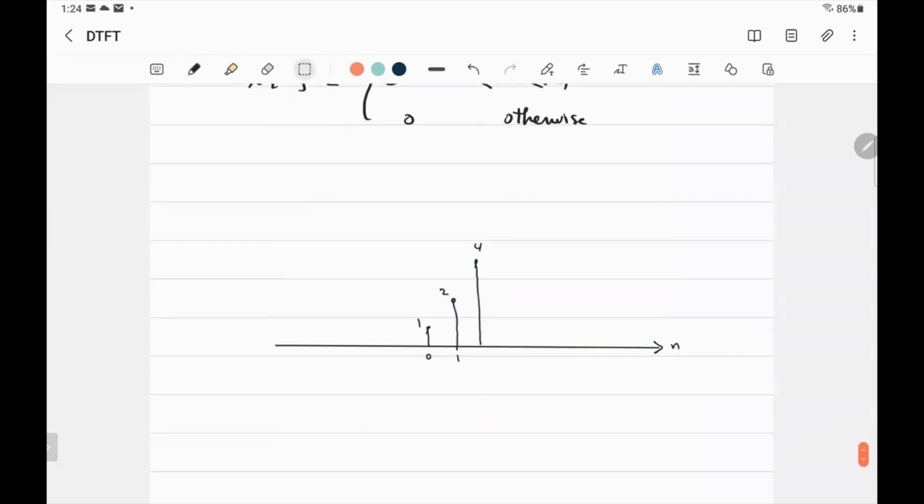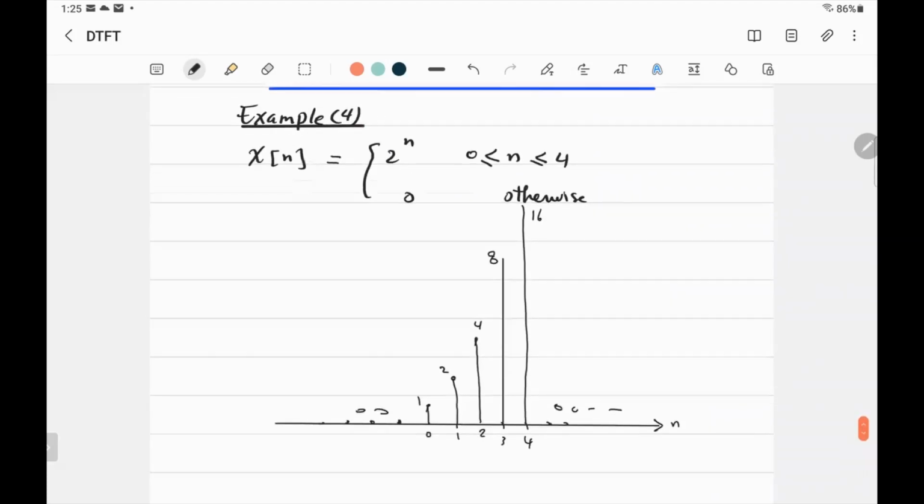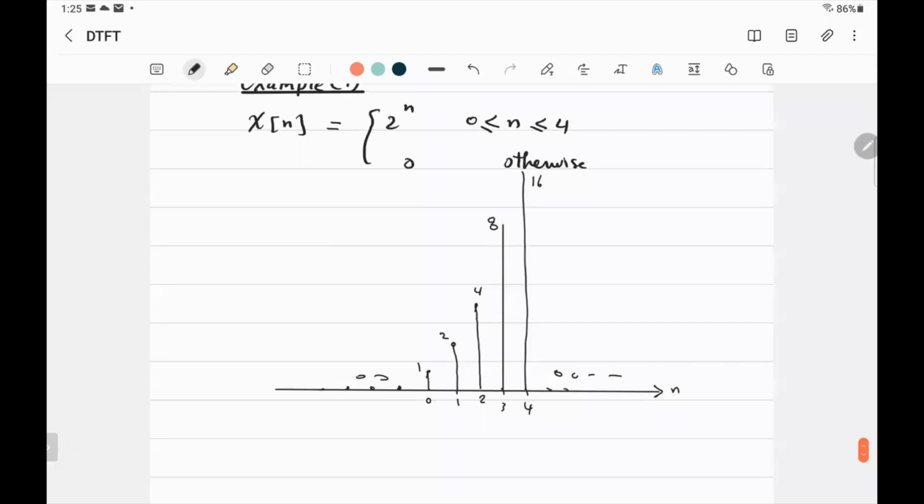At 3 it will be equal to 8, and at 4 it will be equal to 16. It can go up to 16, right? And before that, 0, 0, 0, 0, and 0, 0. Okay, so that's the discrete signal.